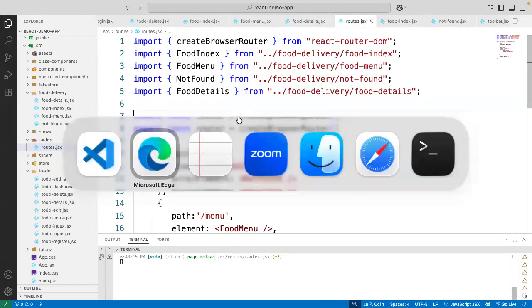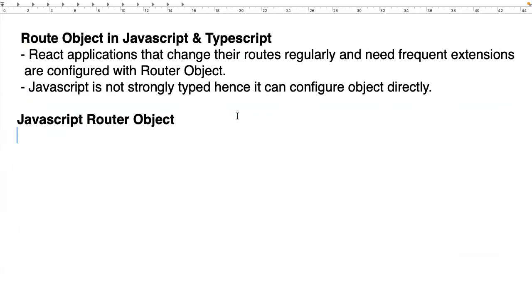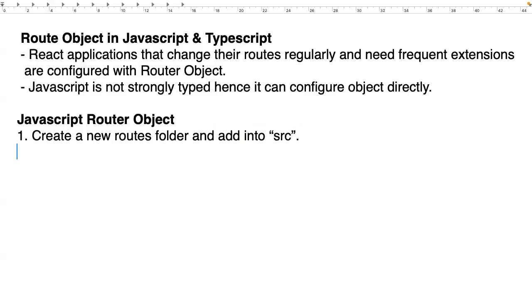So what is the change in the JavaScript router object? How do you define it here? Just basic points I will give. Create a new routes folder in src.